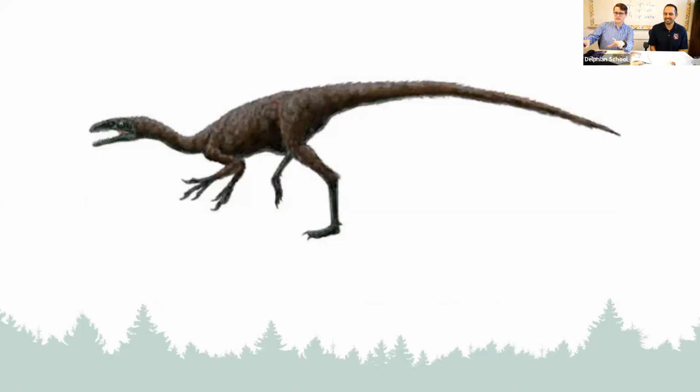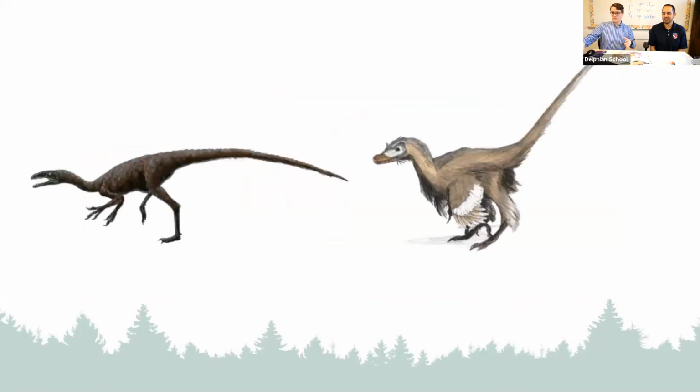So the dinosaur, instead of looking like this with scales and stuff, maybe it looked a little bit more like that, with feathers and kind of halfway towards a bird that we see today. You can see its arm is not big enough that it would have been able to fly, but you can see how this kind of thing might have turned into the birds that we have today.